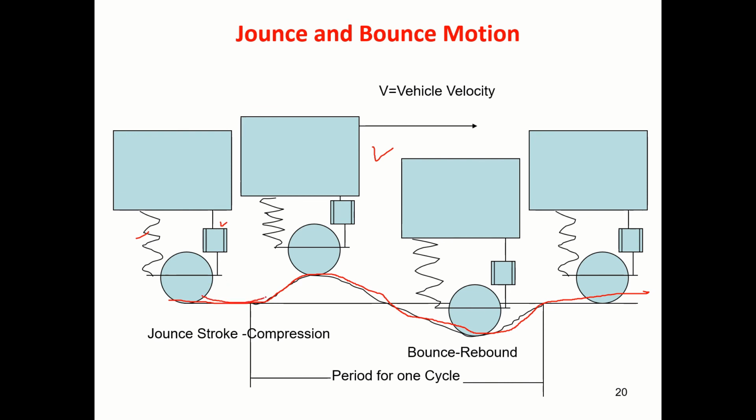So the moment it moves over a bump like this, it gets compressed. This is what you can call the jounce stroke. Correct? Again, as it rolls down, it opens up, it expands, rebound. So you can call it the rebound stroke.